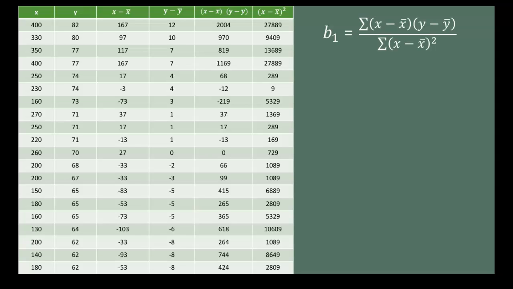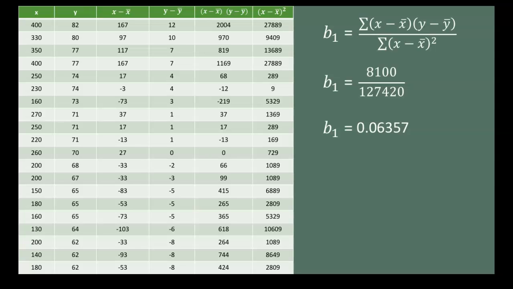That sum will be divided by the sum of x minus x bar squared. So that's your sixth list in this chart. So if you sum list 5 and sum list 6, you'll end up with 8,100 divided by 127,420. Divide those two numbers and you'll find your slope to be 0.06357.